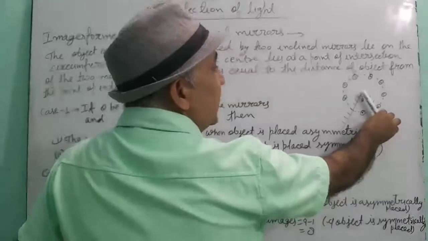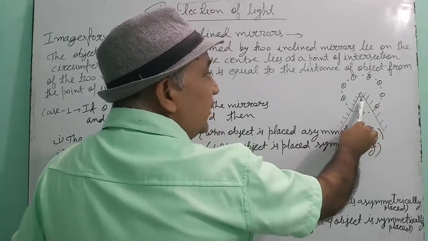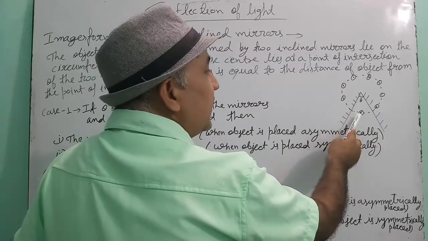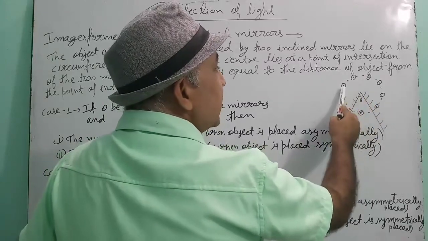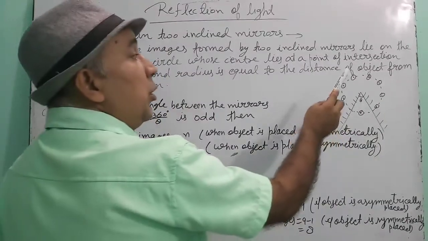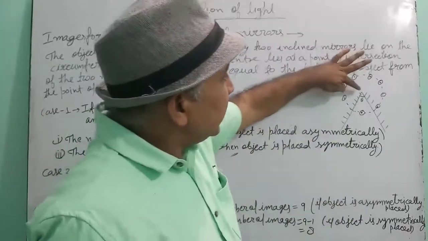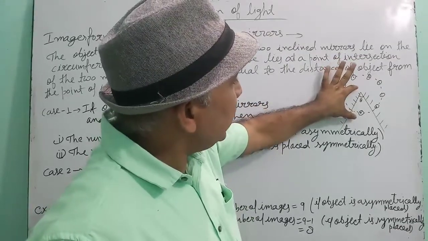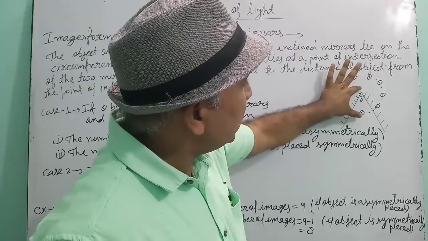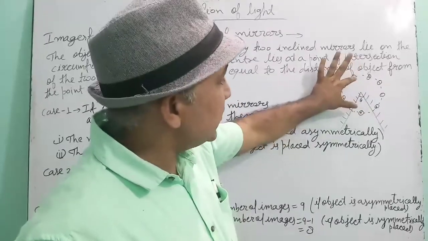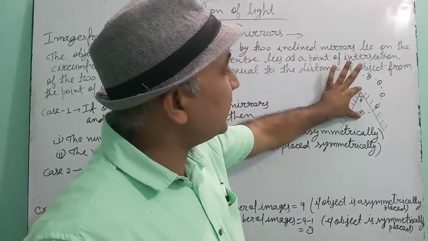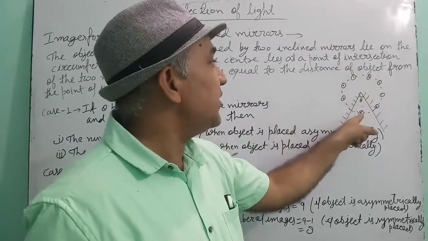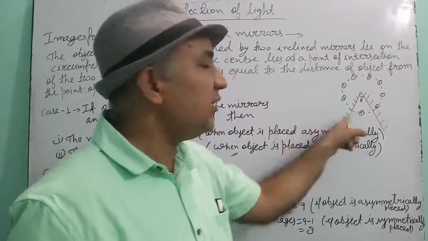If two mirrors are inclined at an angle, then the object and its images will lie on the circumference of a circle whose center is the intersection point of the mirrors, and the radius of the circle will be the distance between the intersection of the mirrors and the object.